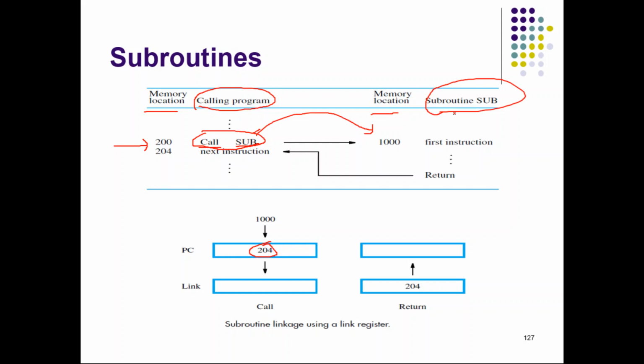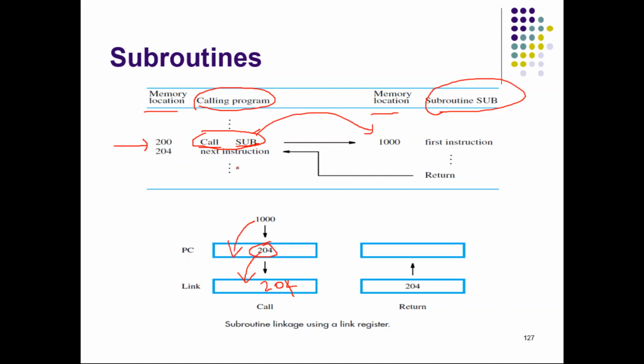So whenever there is a call instruction, what should be done? First, move the content of PC to the link register. That is, this 204 will be moved to the link register. Then the address specified in the call, call sub, which is 1000, will be moved to PC.